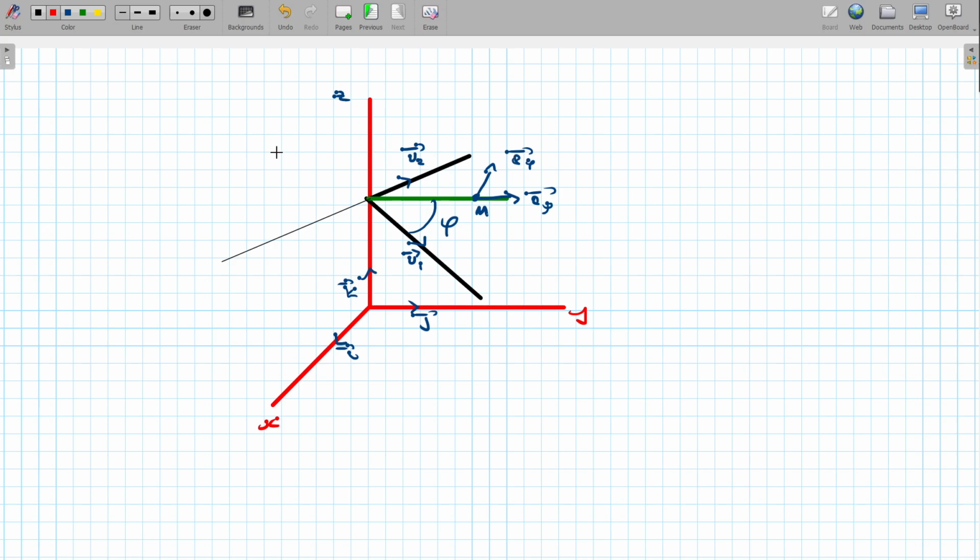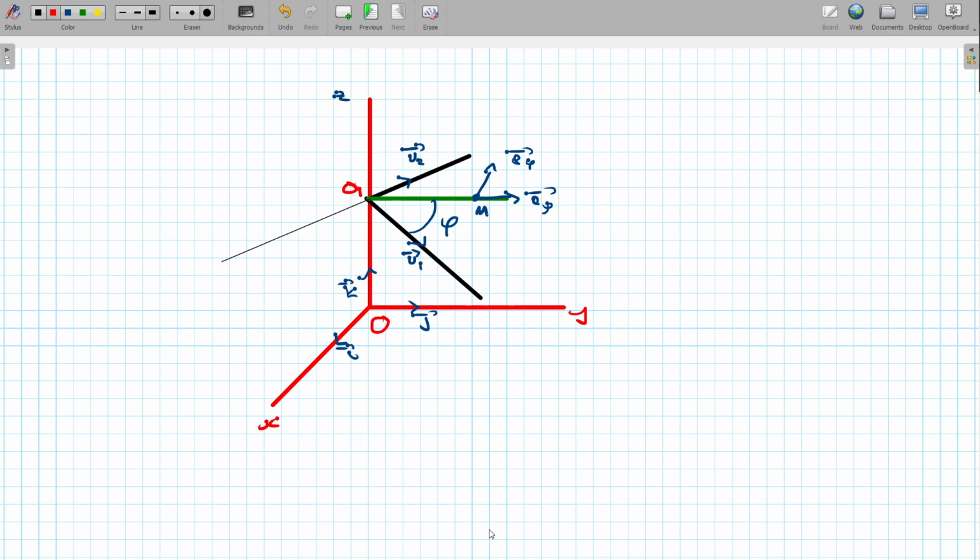Right, so this is what we have. Then the origin of this reference frame, so we have O. I have to change the thickness of the line. So this is O, and then this is O1, like so.